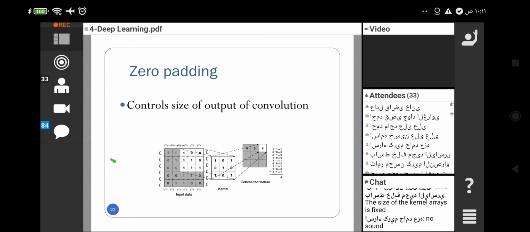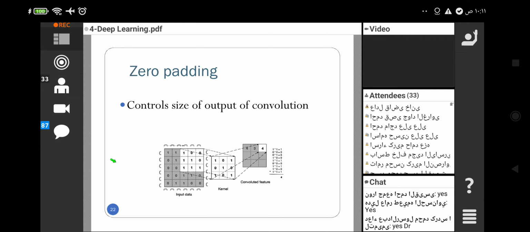Can you see what I have added to this image? Can you see what I have added to the input? Do you see these zeros I have added? This is called zero padding.